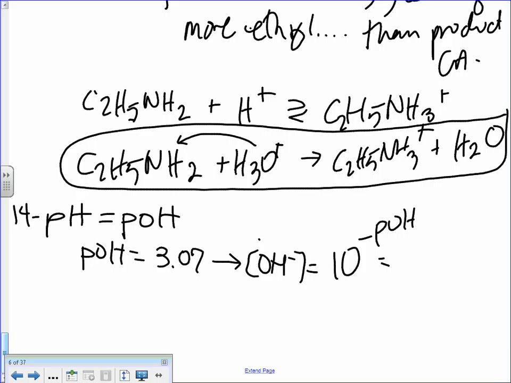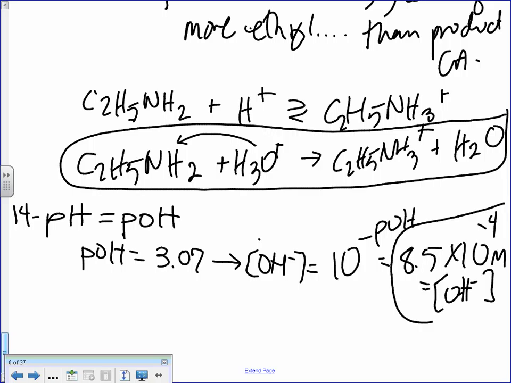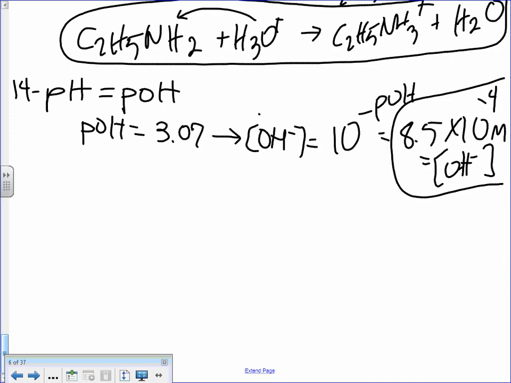So you got 8.5 times 10 to the negative 4th molar as your OH. Do circle your stuff, box them up so they know what your final answer is. They shouldn't have to hunt. That's 1 point for getting your hydroxide concentration.